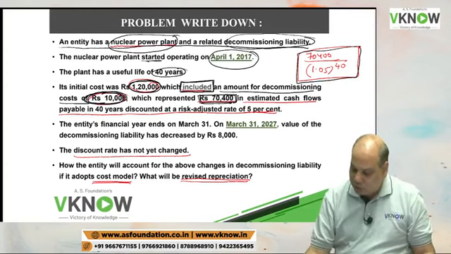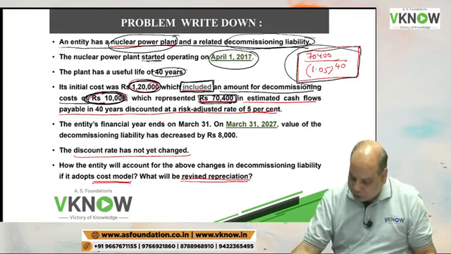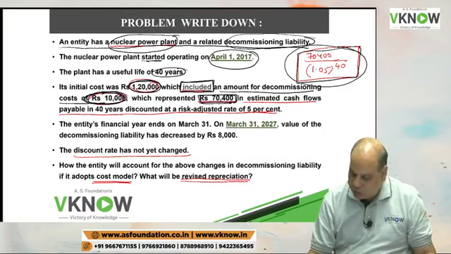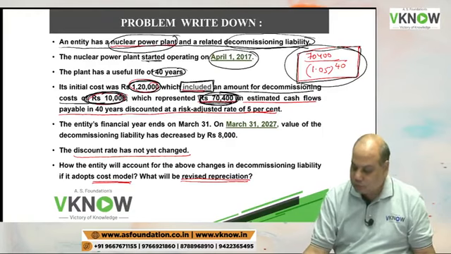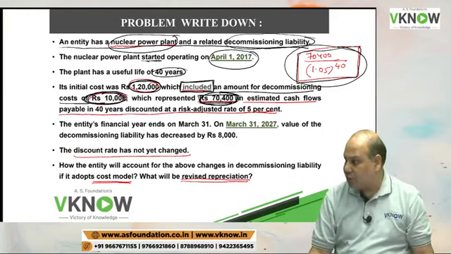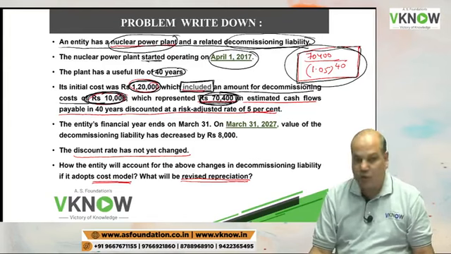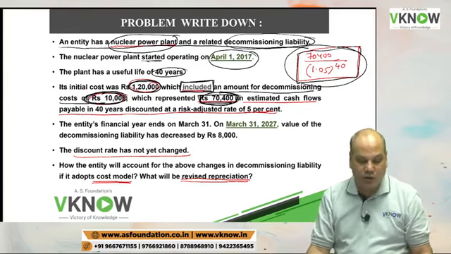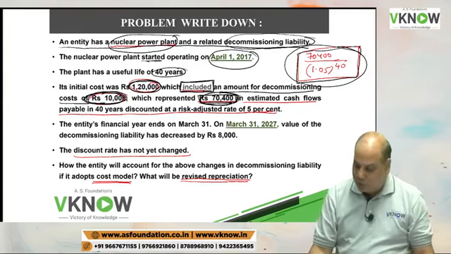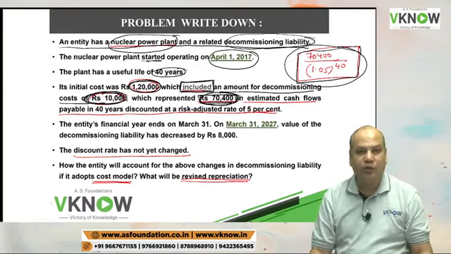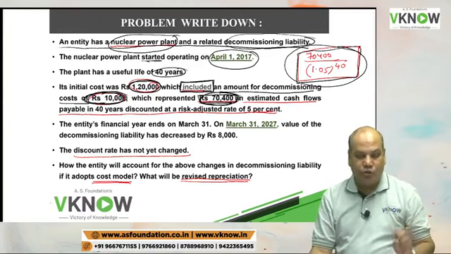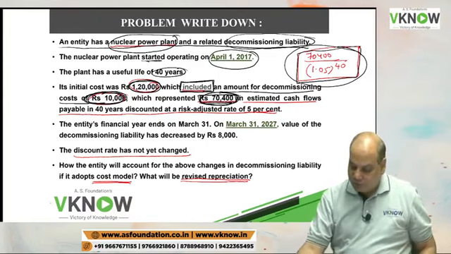Suppose they don't give you that 10,000 rupees figure, then you'll have to take 70,400 divided by 1.05 to the power 40, and the students have confirmed that they are getting around 10,000 rupees. If you are getting a slightly different answer, it is because the institute has rounded this off.